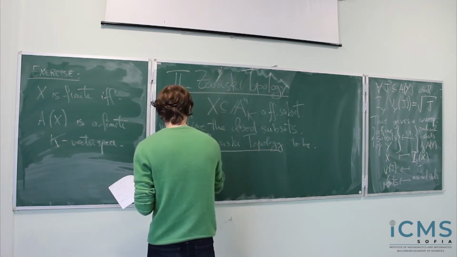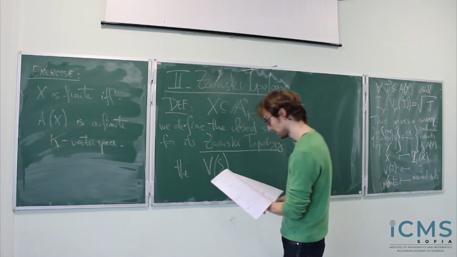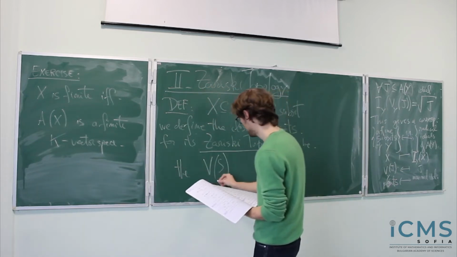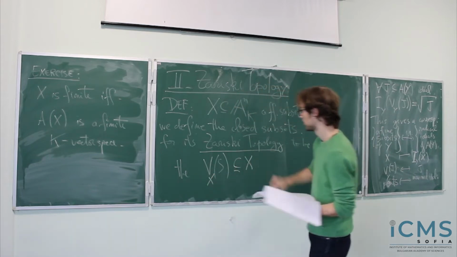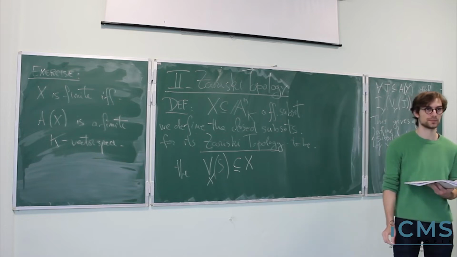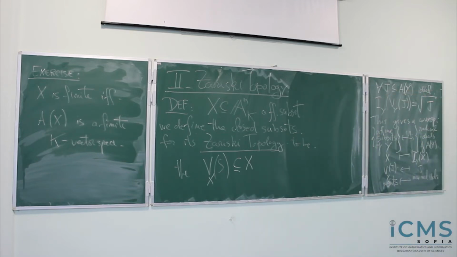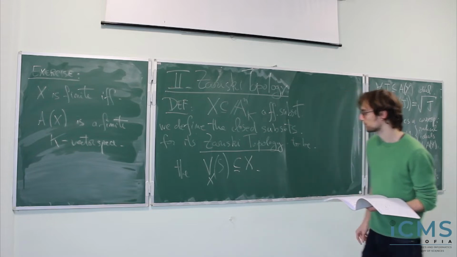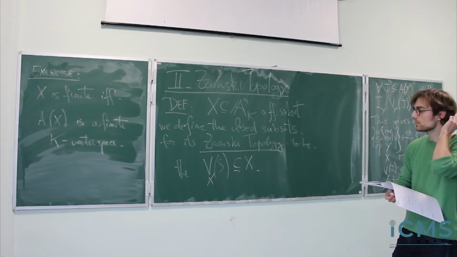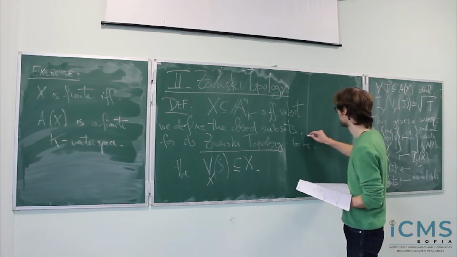We simply put the V_X(S), which live inside of X. So these affine subsets of X are going to be forming a topology for X, and this is what we call the Zariski topology of this affine subset.